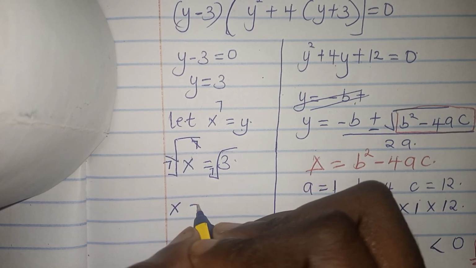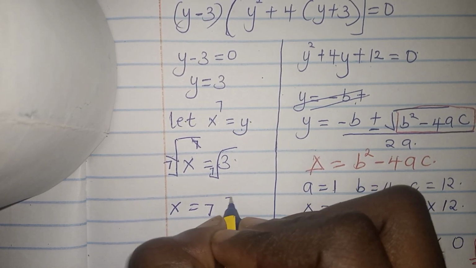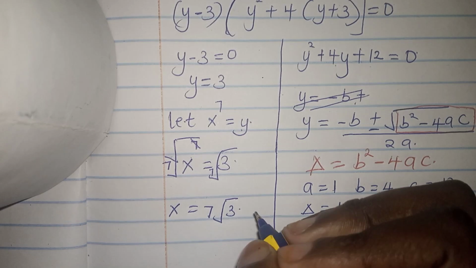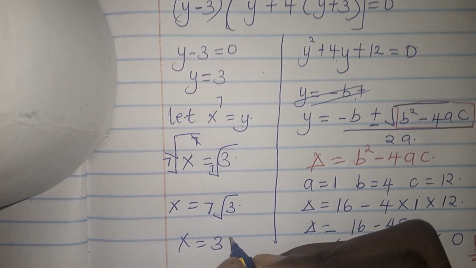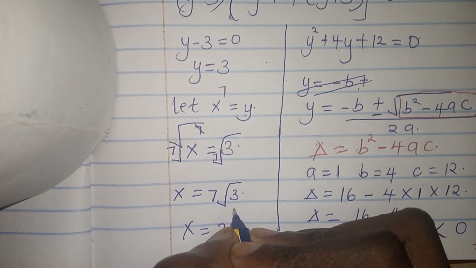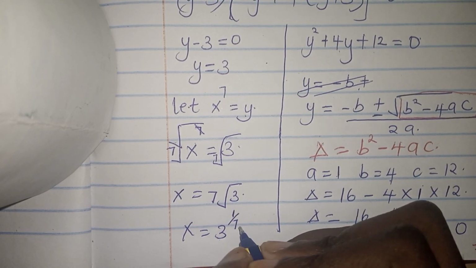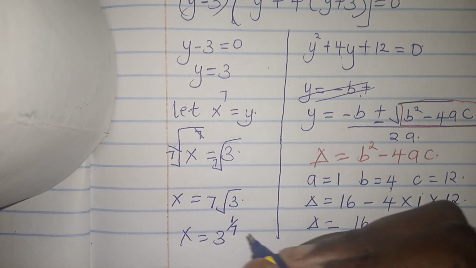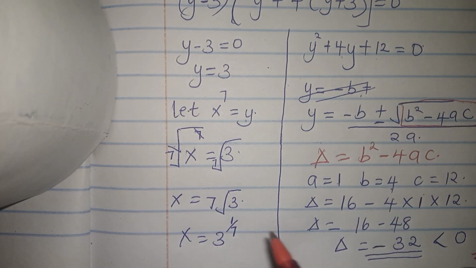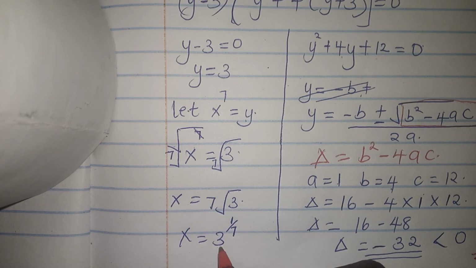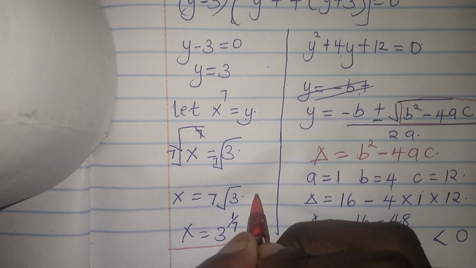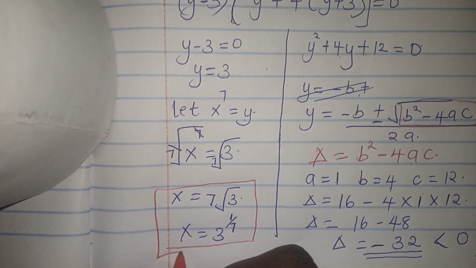So x is equal to the 7th root of 3, or we can as well write x is equal to 3 to the power of 1 over 7. So this is the final answer for x. x is equal to the 7th root of 3, or x is equal to 3 to the power of 1 over 7. This is our final answer.